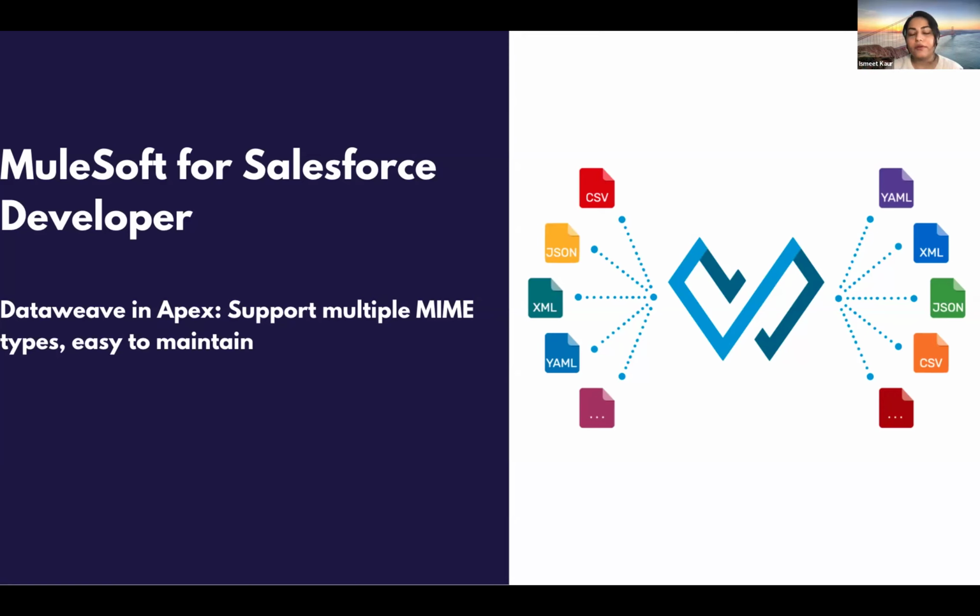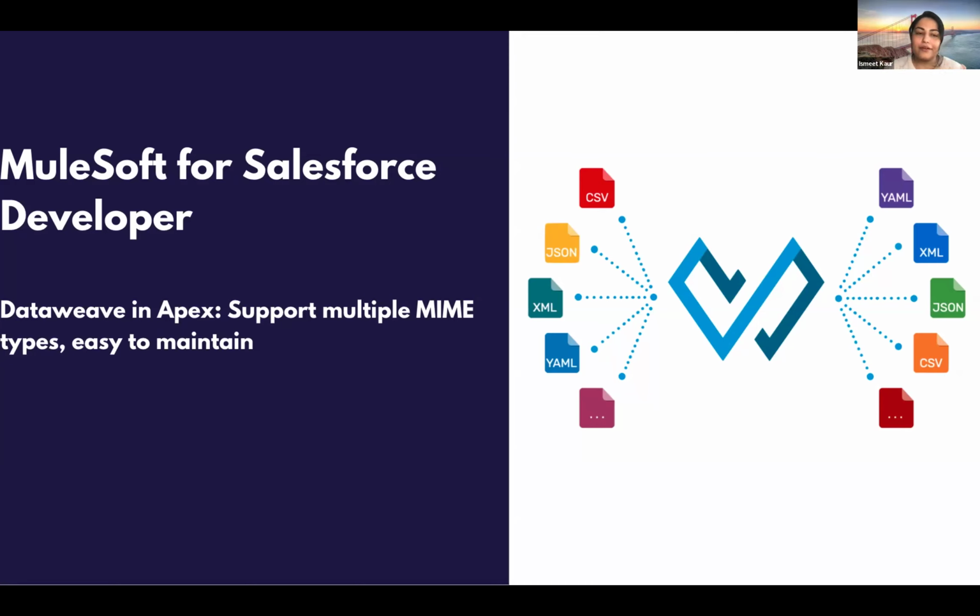DataWeave, before I move forward, I should tell you, DataWeave is a lightweight data transformation model which supports almost all of the MIME types that you might be aware of. JSON, XML, CSV, POJO, text, octet stream, anything. And it gives you the comfort of transforming your data from one to the other very easily.